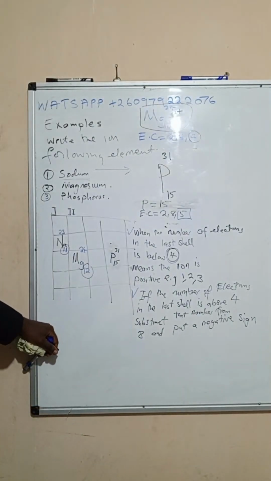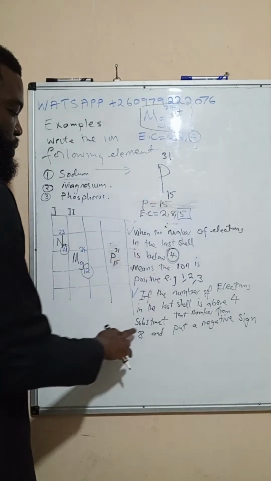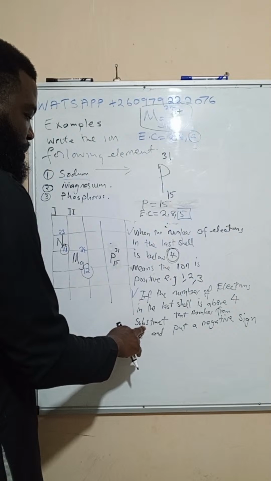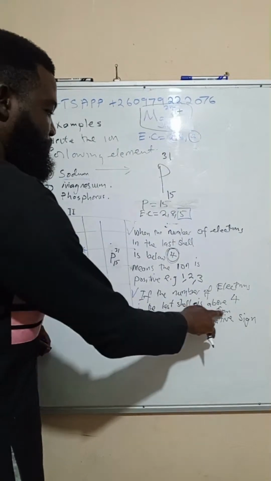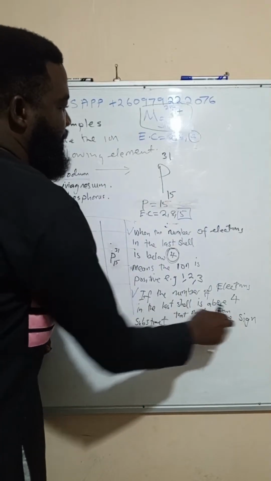So if the number of electrons in the last shell is above 4, subtract that number from 8 and put a negative sign.